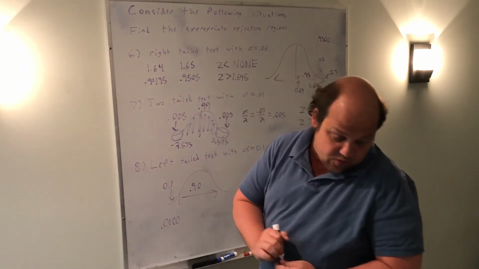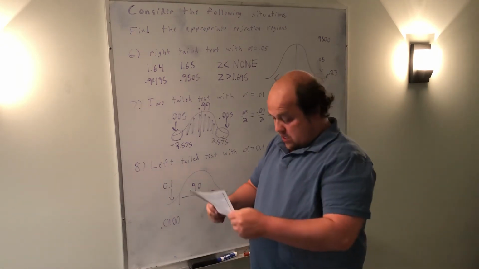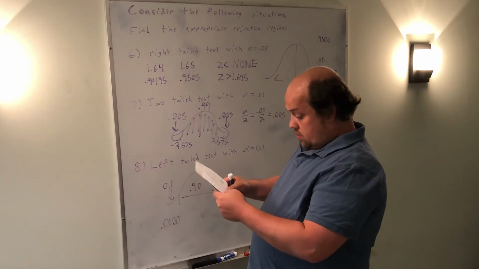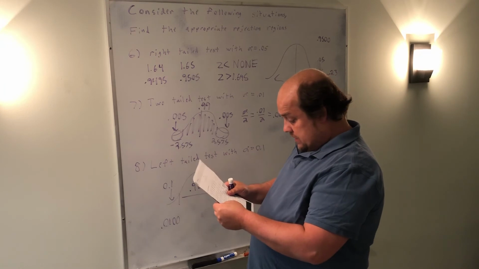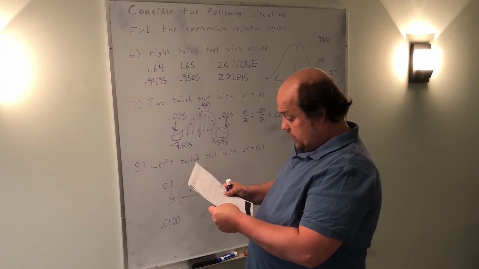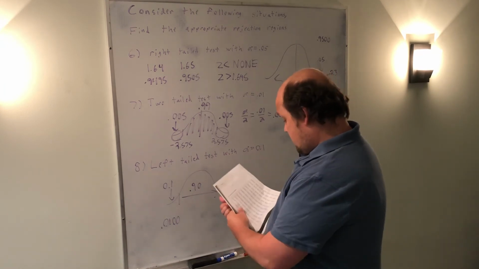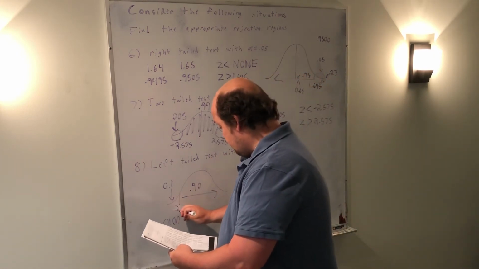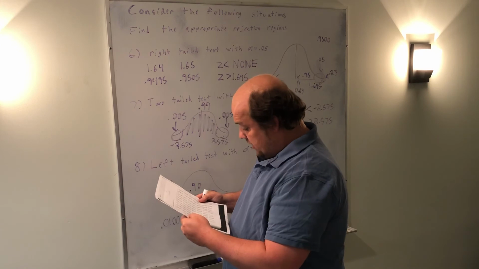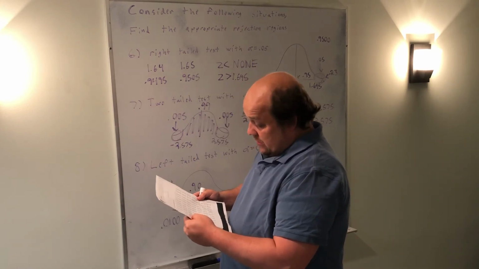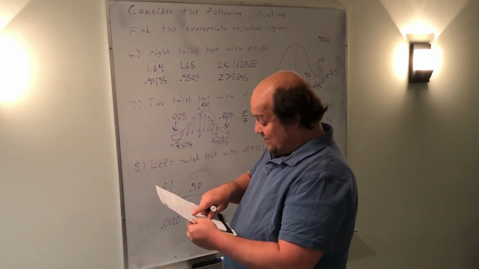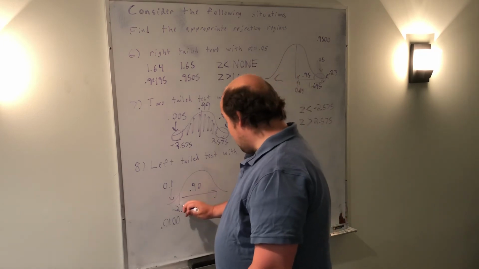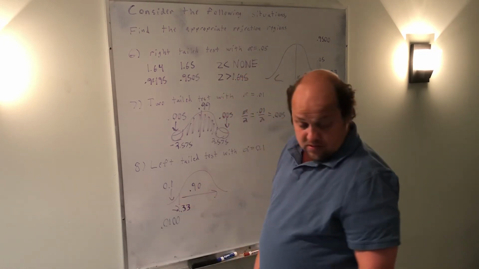So I go to the negative side, I look down, 0.1, it's happening in the row negative 2.3. And it looks like it's happening precisely negative 2.33 or negative 2.32. Negative 2.33 is 0.0099, so that's closer. That's why I'm going to go with it.